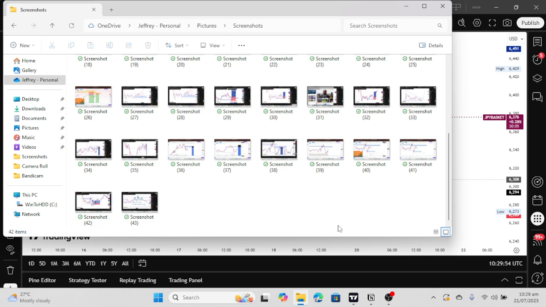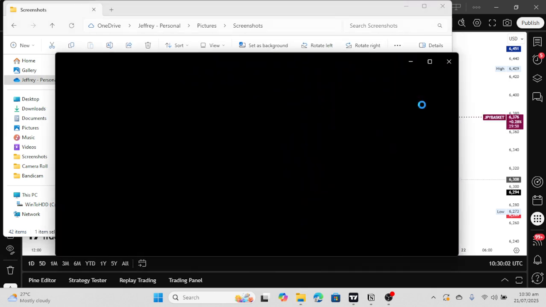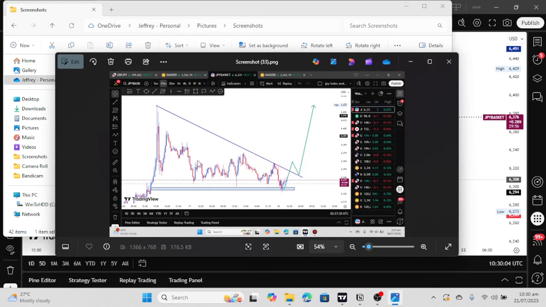When I get it, I'll add it to this view. Okay, seems I got it here. So this is what I was waiting for. You can see that's the JPYX, the Japanese basket I was saying. This is what I was waiting for, a retest, then I buy.